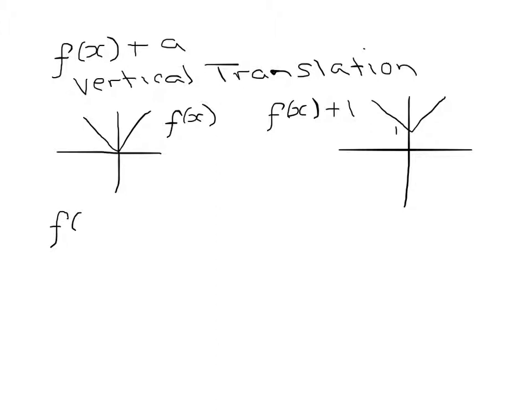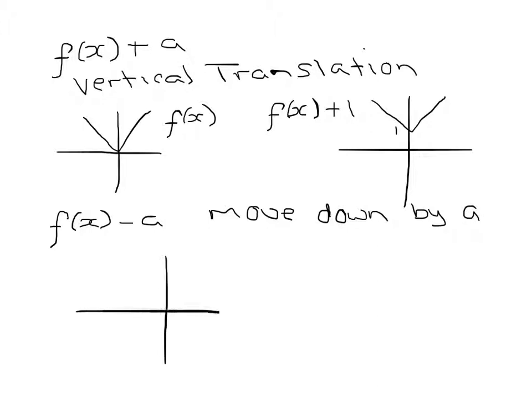Similarly, f of x minus a is going to move down by a. So in this case, f of x minus 2 is going to be the same function but moved down, the whole function's moved down by 2.